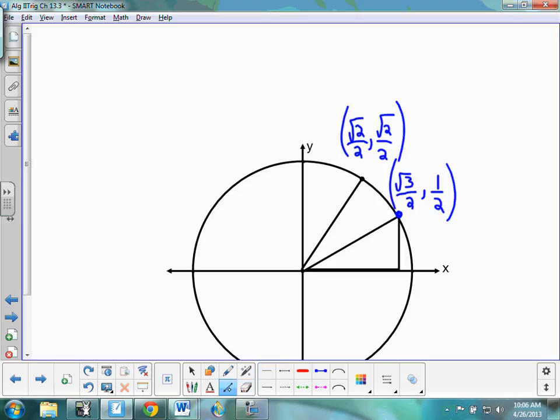We'll do one more. I can take my 30, 60, 90. Instead of having the 30 degree angle down here, I can have the 60 degree angle up here. So this whole entire angle, 60 degrees, gives me this triangle.